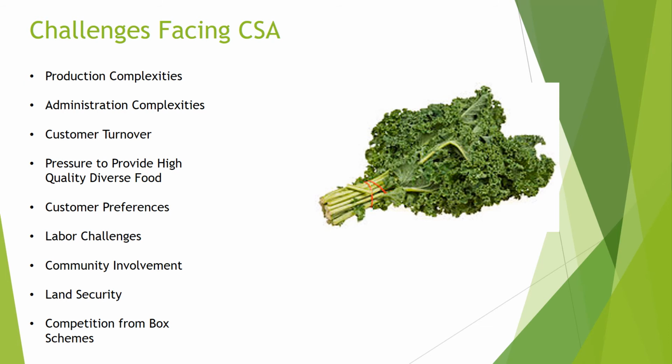Then you have land security. Like other forms of sustainable agriculture, which involve considerable investment of time, money, materials, and investment in development of soil fertility and infrastructure, CSA operations share the challenge of access to affordable lands close to urban areas where CSA farming usually thrives. Innovative ways of creating affordable and secure access to land are being developed and addressed all the time.